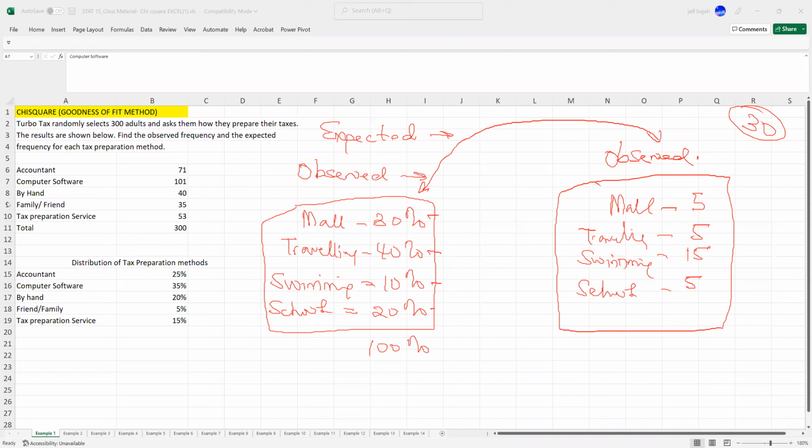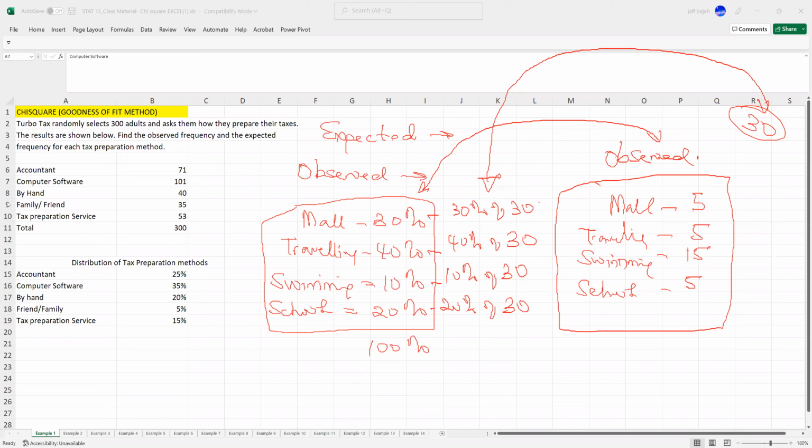So if I had these 30 students, my expected value will be 30% of 30 students, 40% of 30 students, 10% of 30 students, and 20% of 30 students, which I'll now compare to what is observed.